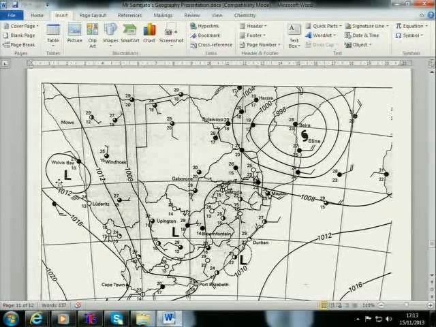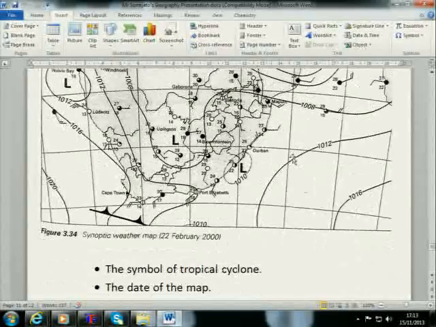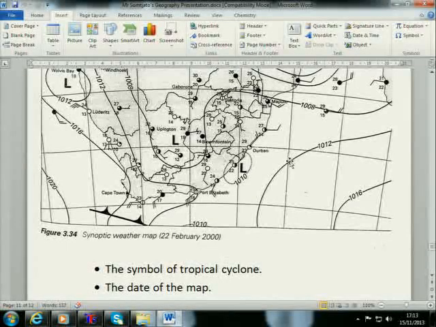A mid-latitude cyclone is also a low pressure cell. It doesn't have a symbol. But when it comes to the tropical cyclone, here is a symbol. It is through this symbol that we know that it is a tropical cyclone. The symbol of the tropical cyclone.